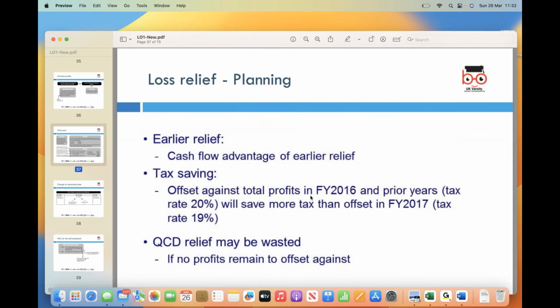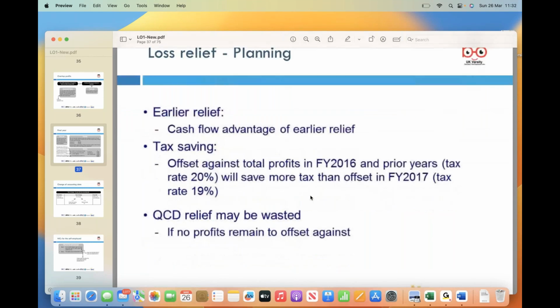Offsetting against total profit in financial year 2016 and prior years, at a tax rate of 20%, will save more tax than offsetting in 2017 at a tax rate of 19%. So basically, offsetting losses against total profit in 2016 and prior years at 20% may be more beneficial than offsetting losses in 2017 at 19%.